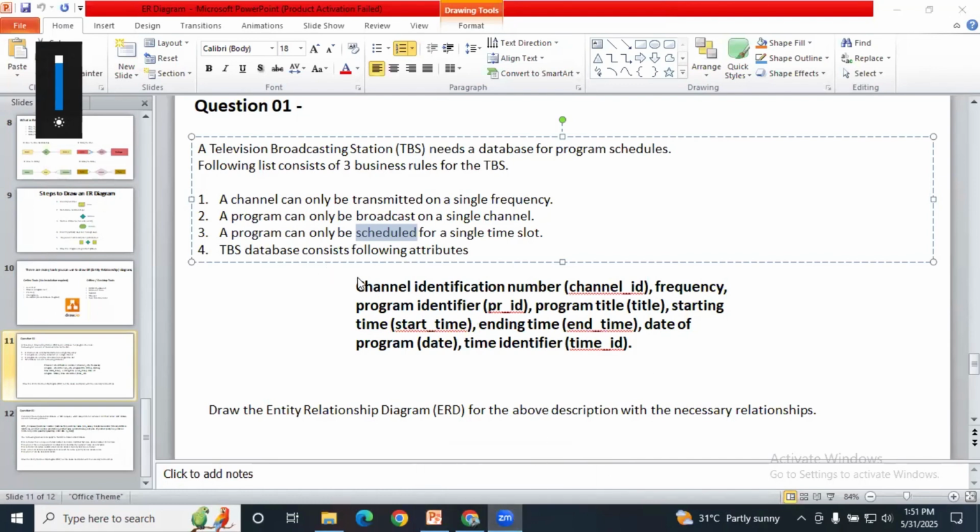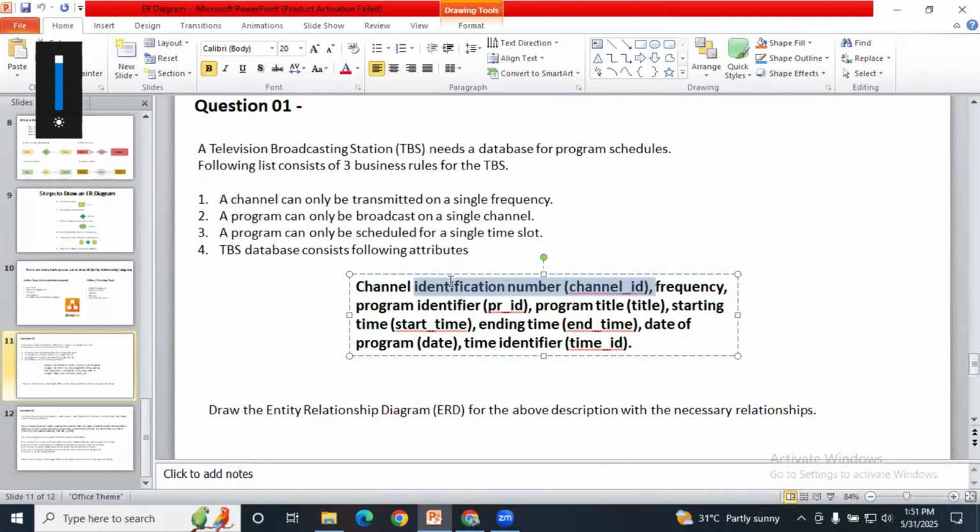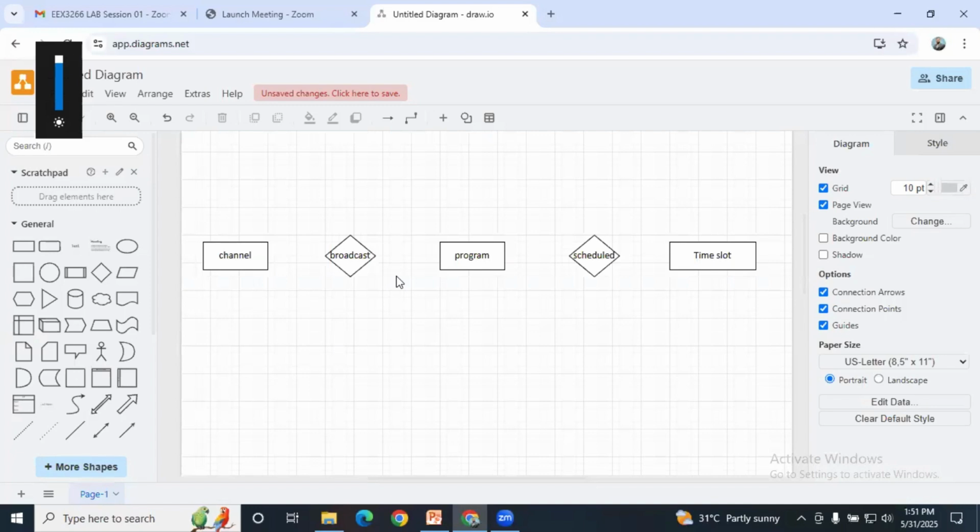In here, what is the main or unique attribute for the program? What? Channel ID. What are the attributes that go for the channel entity? What are the attributes that go for the channel entity?